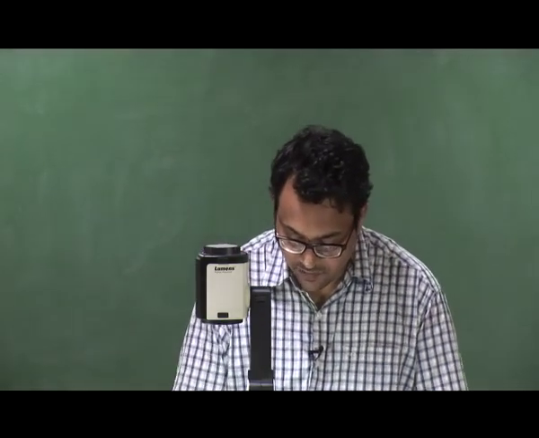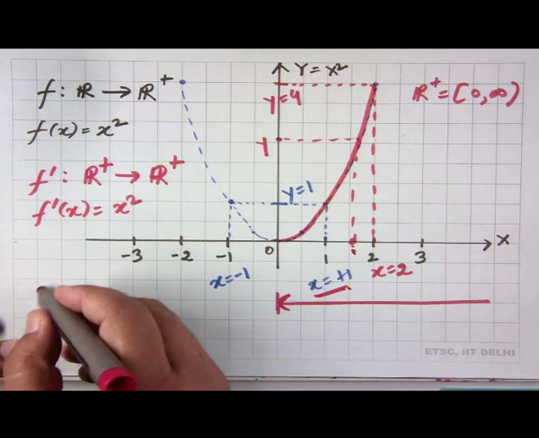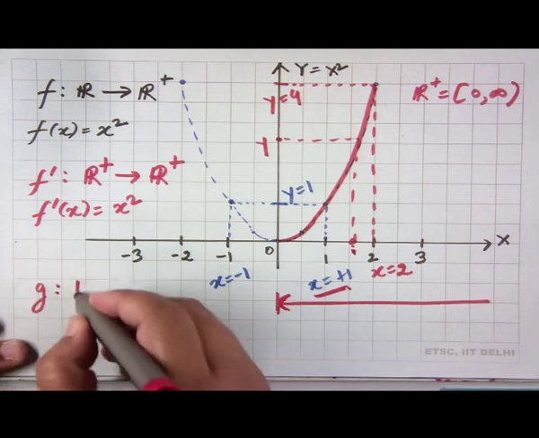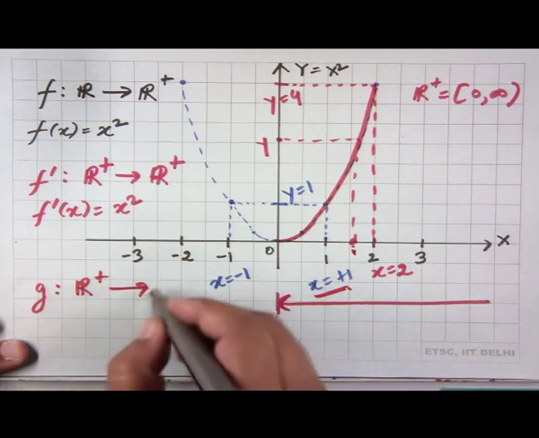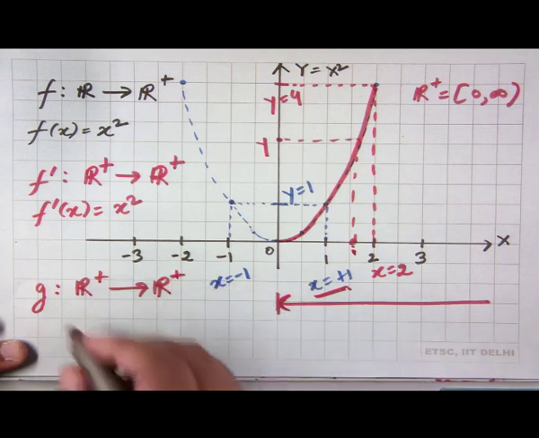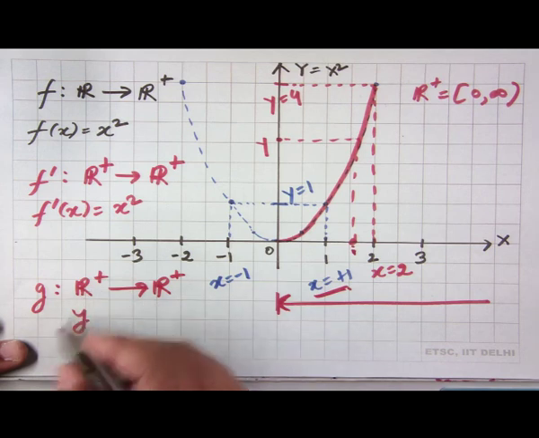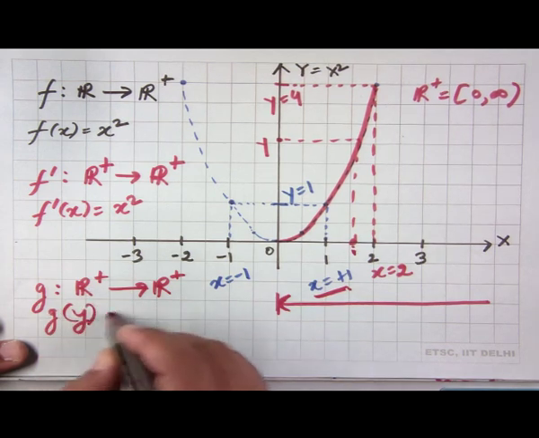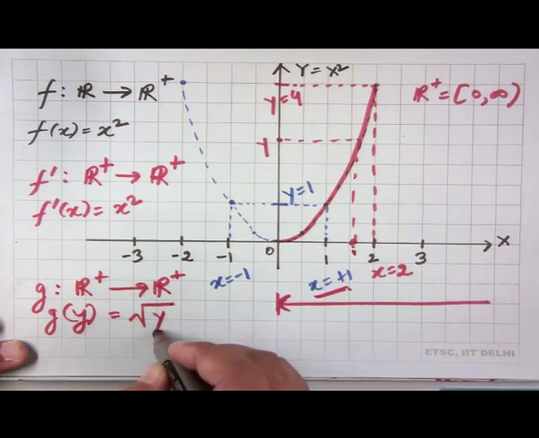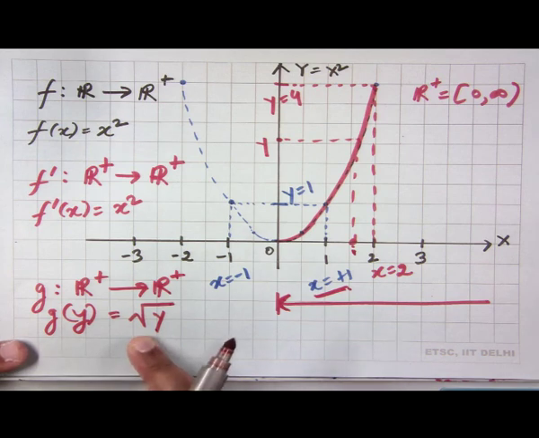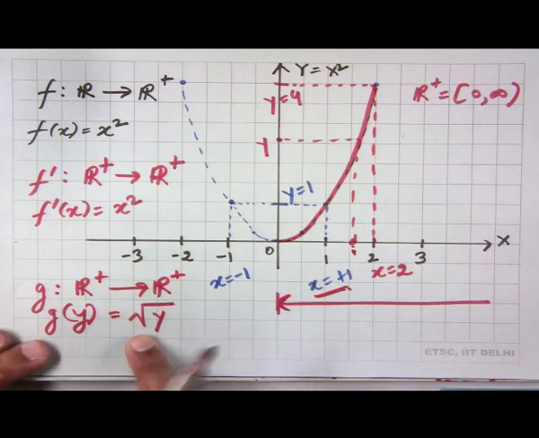For this f prime function, the inverse will be, let us say g, which is from r plus to r plus, and for any y belonging to r plus, g of y will be equal to the square root of y, where this is the positive square root of y. So, this is how we define g.